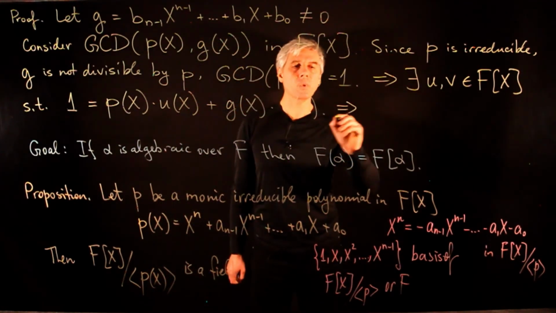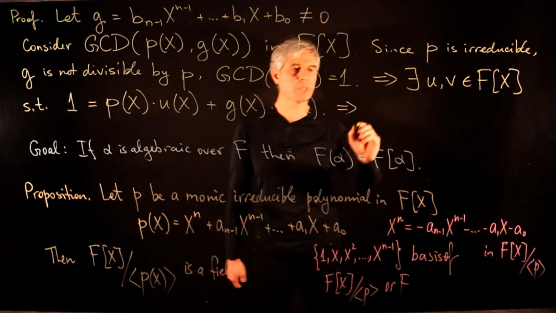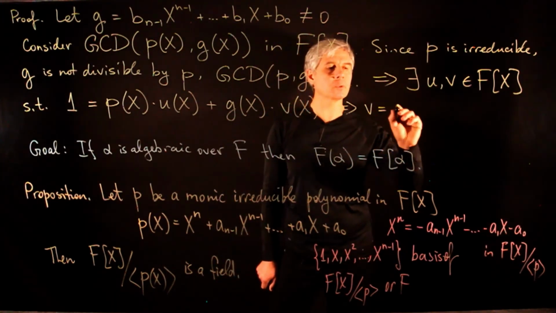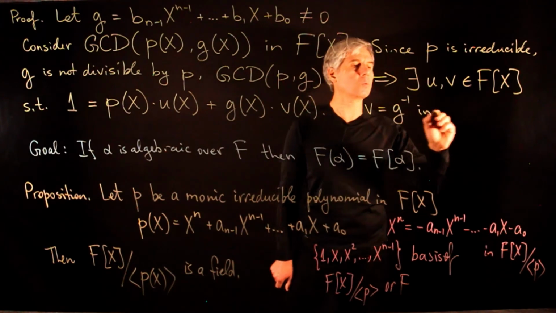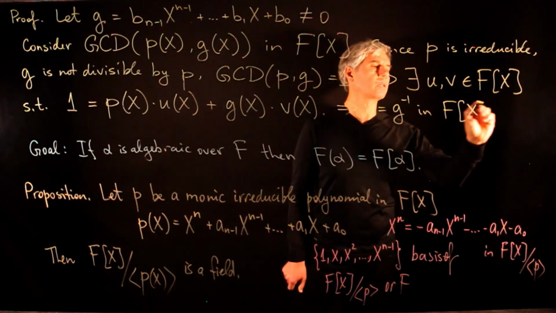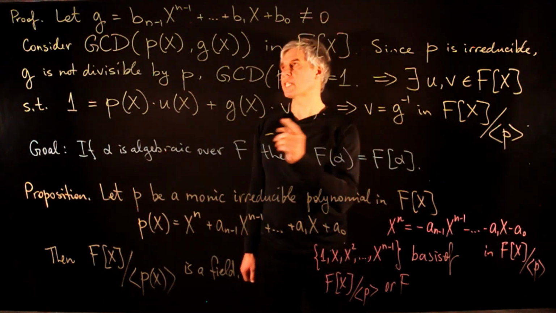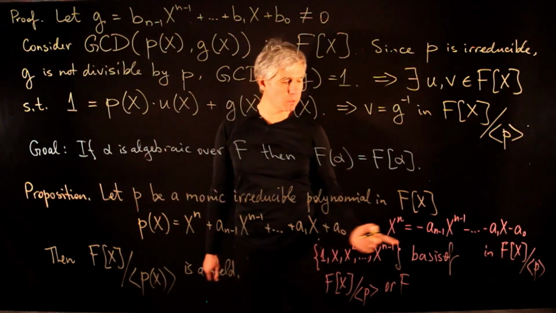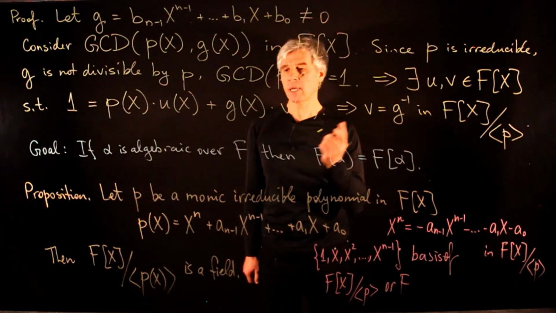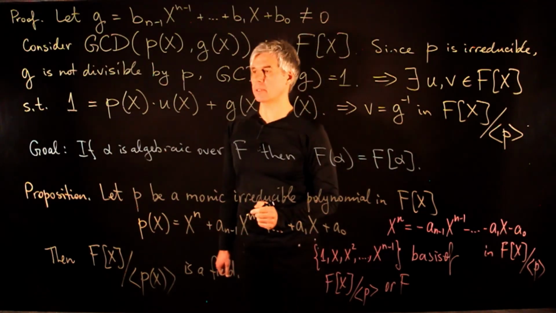Then, taking this equality mod p, we conclude that v is equal to g inverse in the quotient F[x] by the ideal of p. So this proves that every non-zero element in the quotient has an inverse, and thus this quotient is a field.